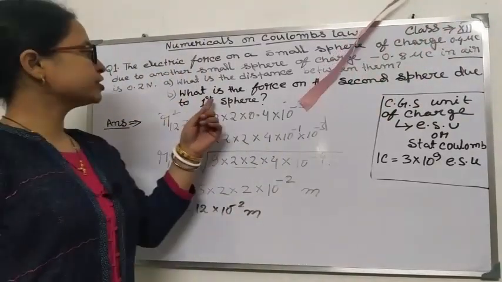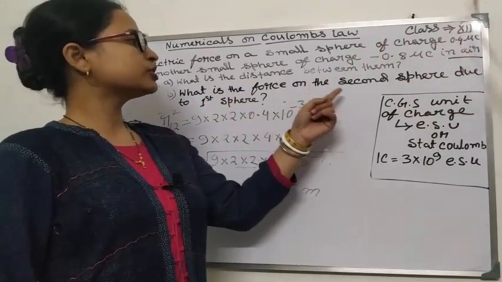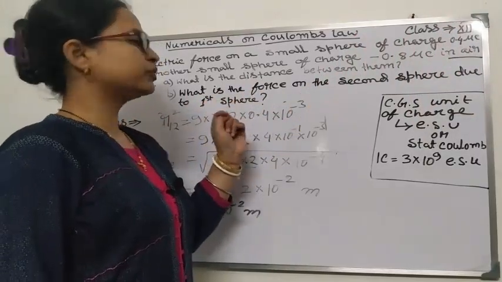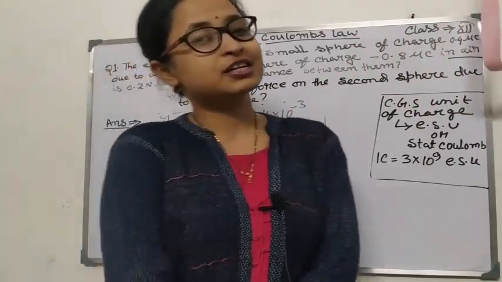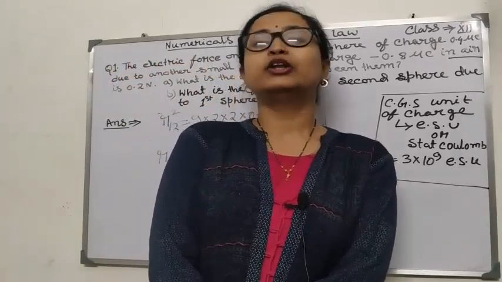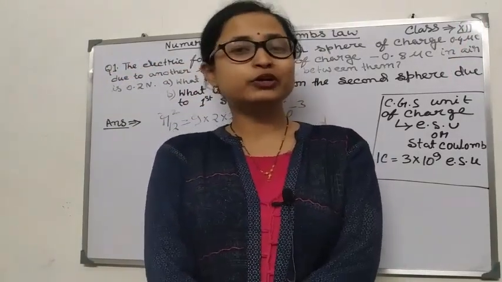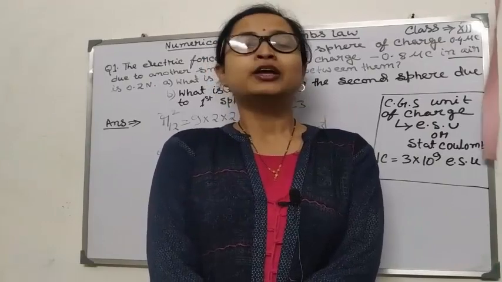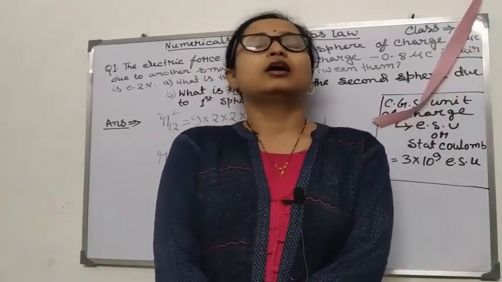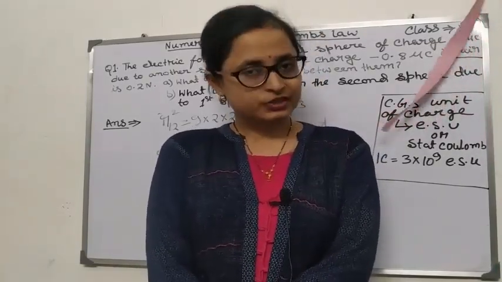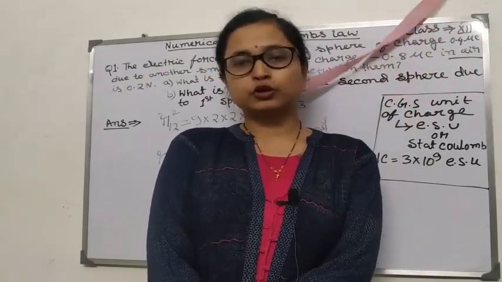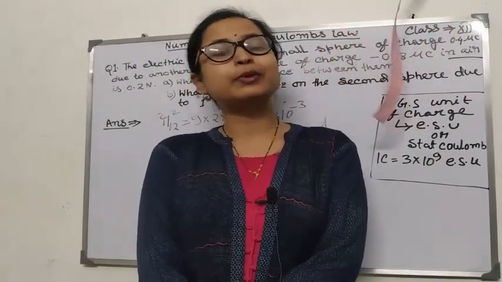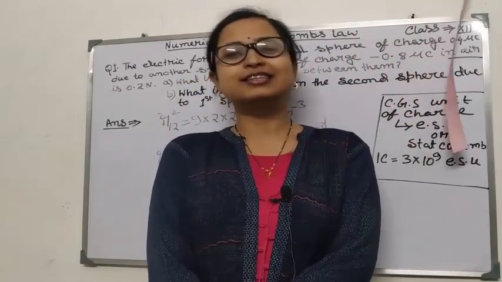Now the second question is, what is the force on the second sphere due to the first sphere? We already discussed in our previous class that Coulomb force follows Newton's third law of motion. So the force applied by the second sphere on the first sphere will be equal to the force applied by the first sphere on the second sphere.